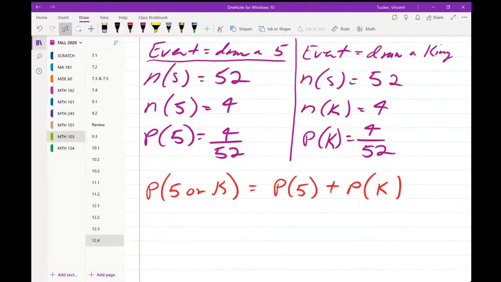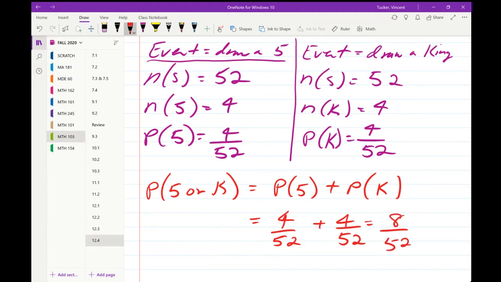So now we're looking at the probability of drawing a 5 or a king. Just add those probabilities together because they do not have anything in common. That'll be 8 over 52. We can reduce by 4.